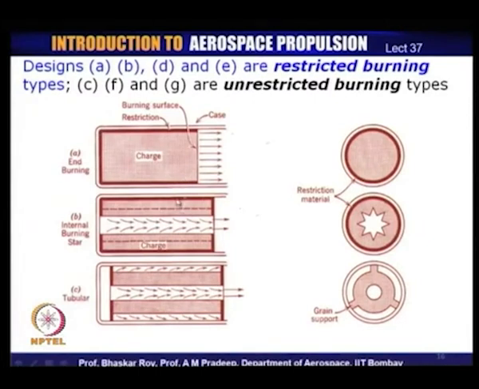Now, in the second one, in B, we have internal burning, which means the internal surface, which has a star shape, is open to combustion. All the other surfaces, including the two ends, are restricted and not allowed for burning. Only the internal star-shaped cross section is open for burning. Now, the question here is, why this star shape?